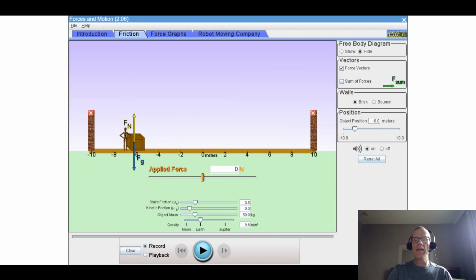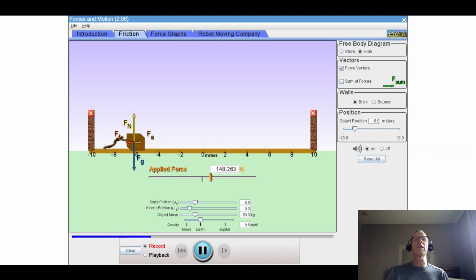So let's go with 50 kilograms. Notice that I didn't point this out before: the gravitational pull of the Earth, F sub g, is smaller. And the arrow for F sub n, the normal force, changed as well. Now we're going to apply a force, a tiny applied force, not a big deal.